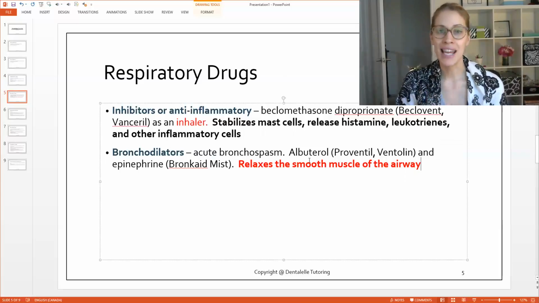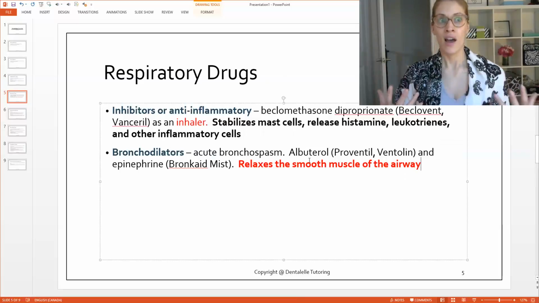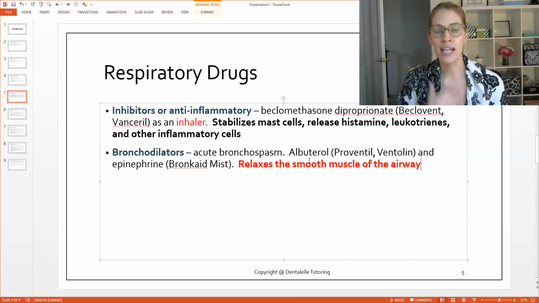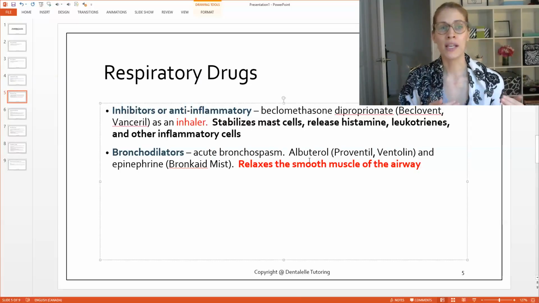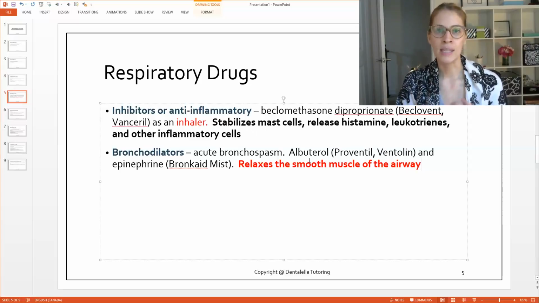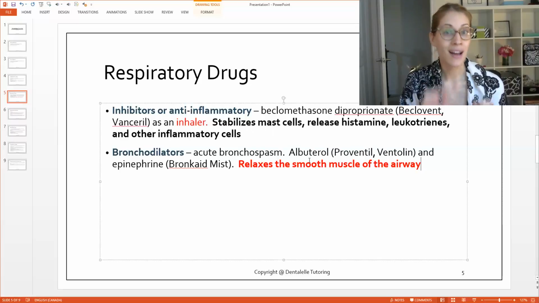But at the same time as you want those lungs to open up, there is some inflammation happening there. So they need to take something to help take that down also. So simply opening up the airway is a good thing, but that's not solving the problem, because when they're having troubles, their airway is blocked, plus there's too much inflammation.